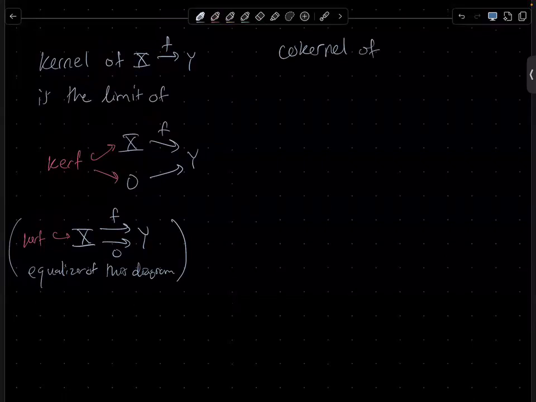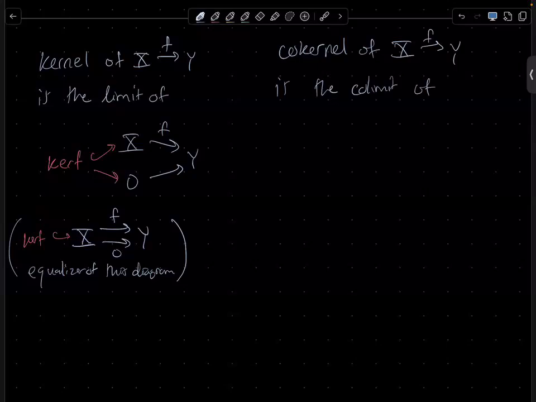The co-kernel of this morphism F is the co-limit of, now I put Y and 0 here, and then X maps to Y with F, and then the zero morphism. And so then you get this, if it exists. And of course, you can draw a co-equalizer diagram.